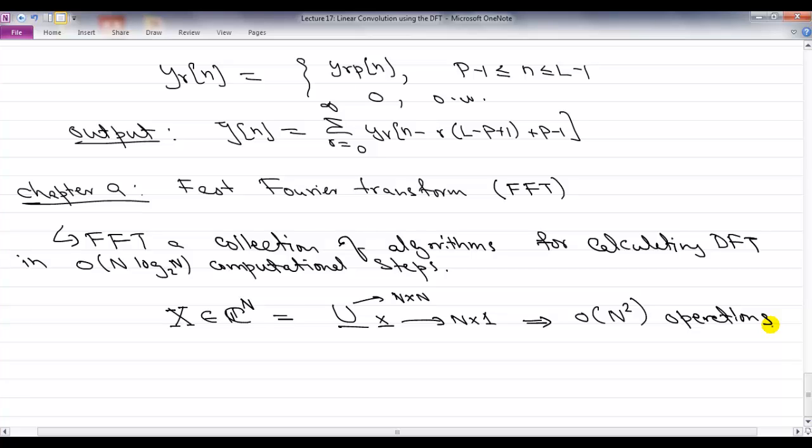So if you were to say, I want to compute linear convolution using DFT, but in MATLAB you use the dftmtx command to generate the matrix and then do matrix vector multiplication, it will be as slow as doing linear convolution. Whereas fast Fourier transform is a quick way of doing DFT, which basically does not explicitly compute the DFT coefficients.